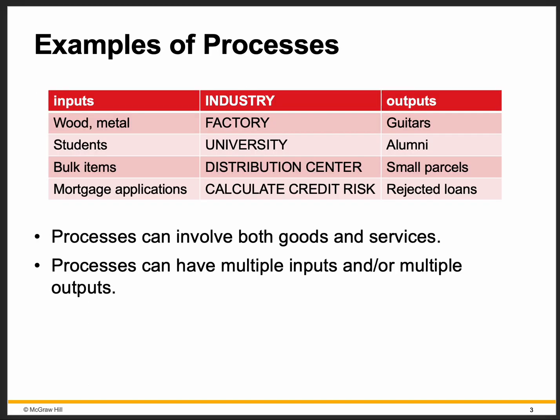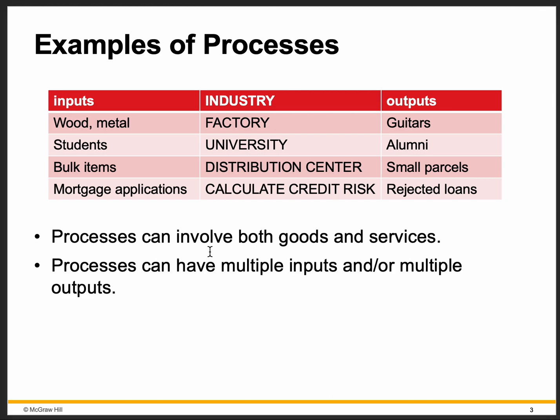Right. So here are simple examples. In a university, the inputs are students and the outputs are alumni. That's a funny way of looking at that. And in a factory, the inputs are all the raw material that you put in, and say, for example, in a guitar factory, it's guitars that come out. So processes can involve both goods and services.